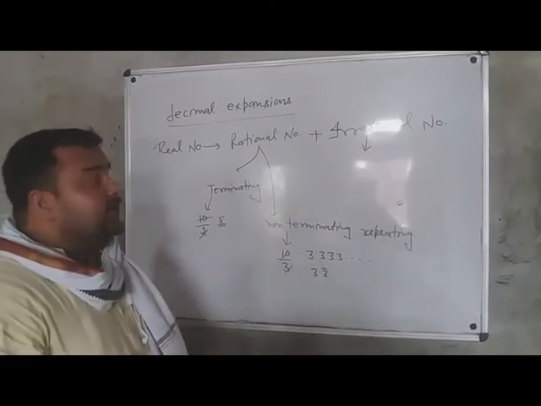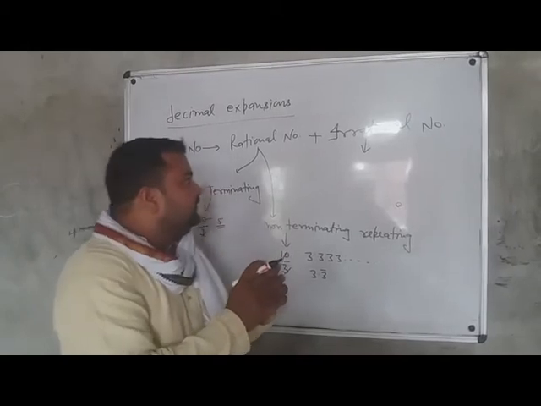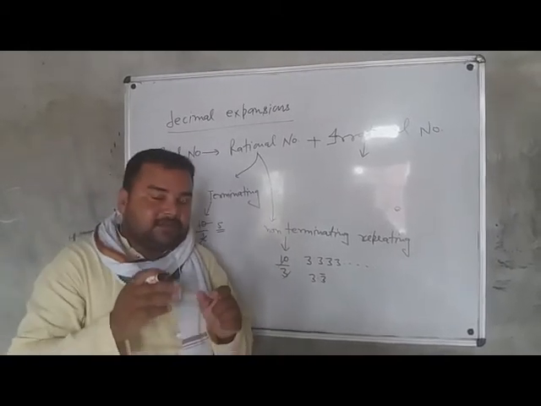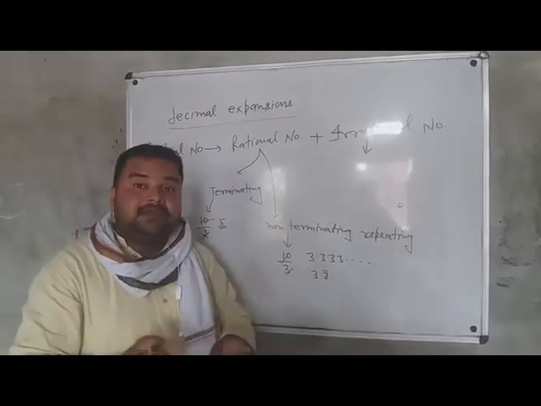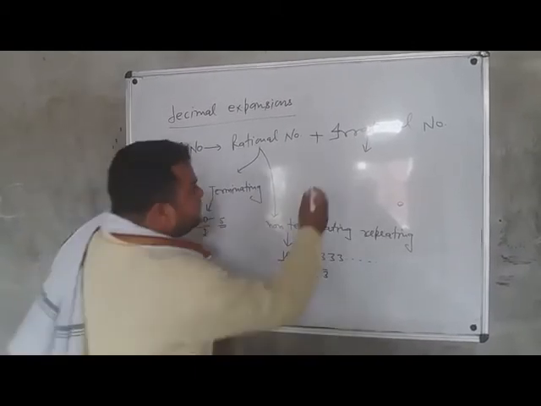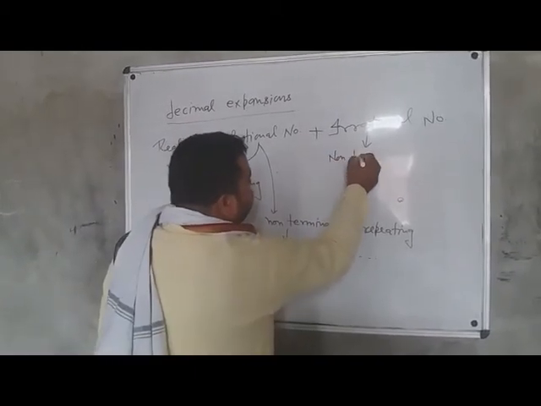Now irrational numbers. The decimal expansion of irrational numbers is non-terminating, non-repeating.